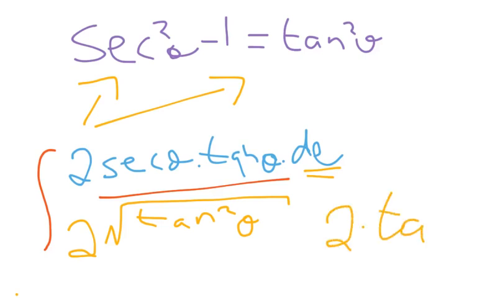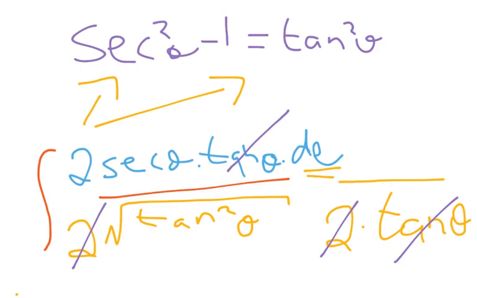So we've got tangent of theta, and this will cancel out with this whole chunk. So the tangent cancels with the tangent, the 2 cancels with it. Well, actually, these 2, yeah.